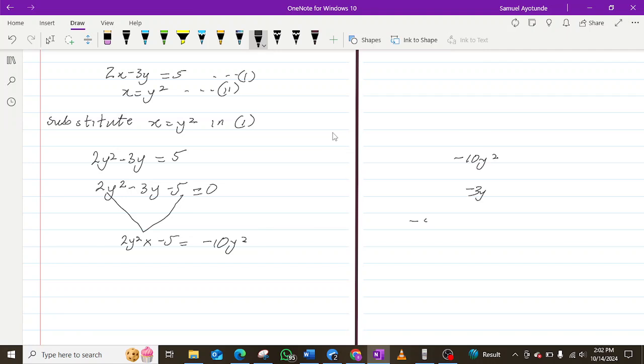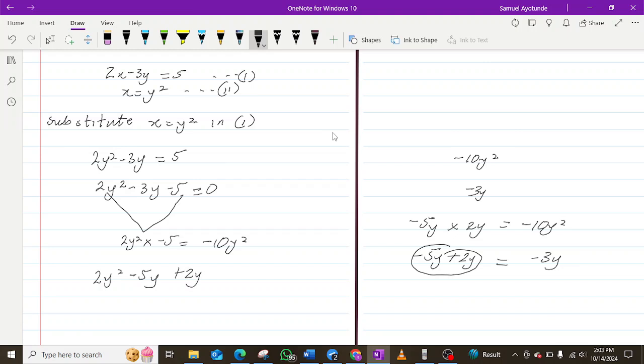So that will be minus 5y times 2y, which gives minus 10y squared, and the sum is minus 3y. So we use these two values to replace minus 3y. So we then have 2y squared minus 5y plus 2y minus 5 is equal to 0.